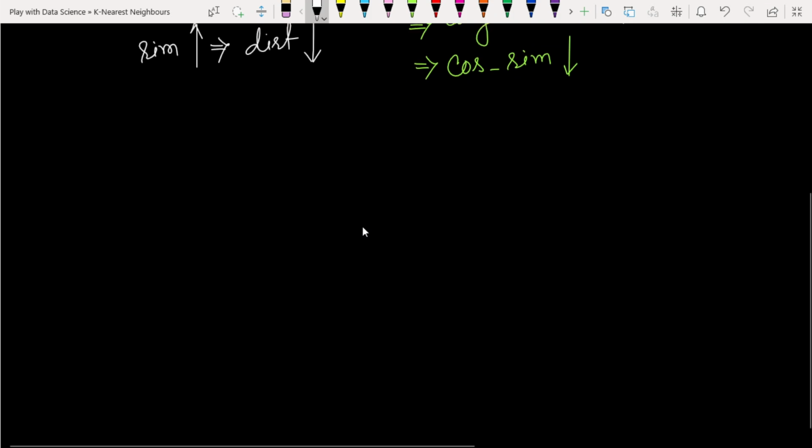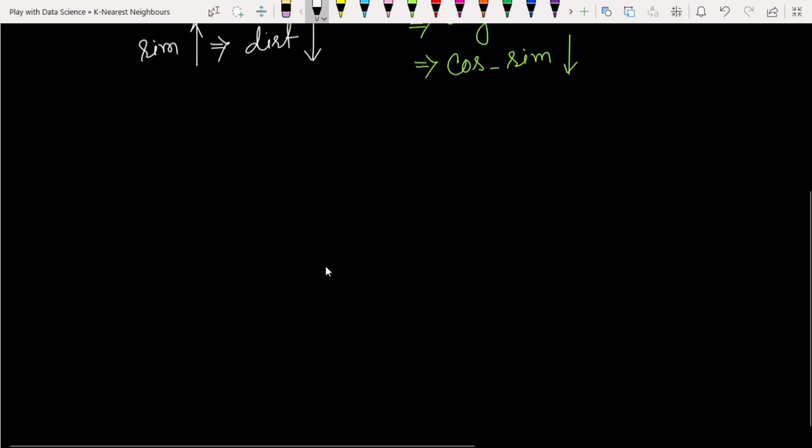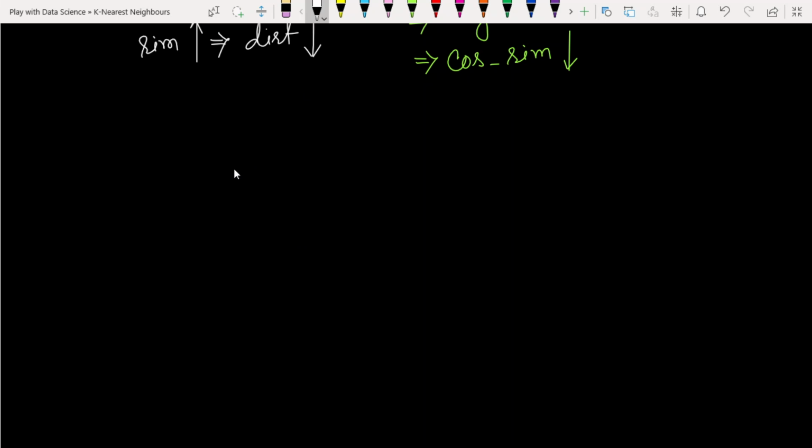Now let's see how we can implement this cosine similarity for locality sensitive hashing. So first, what is actual locality sensitive hashing? Let's recap. Suppose we have two feature vectors, with one feature on one axis and another feature on the other axis.